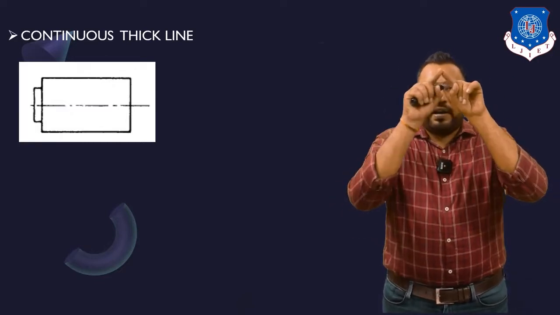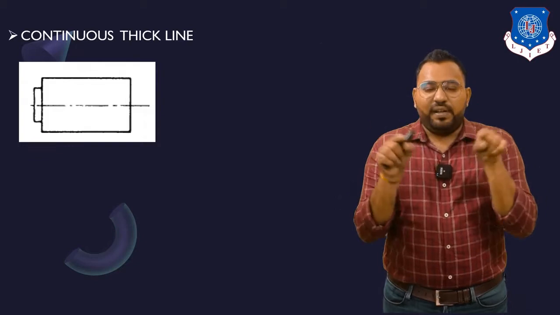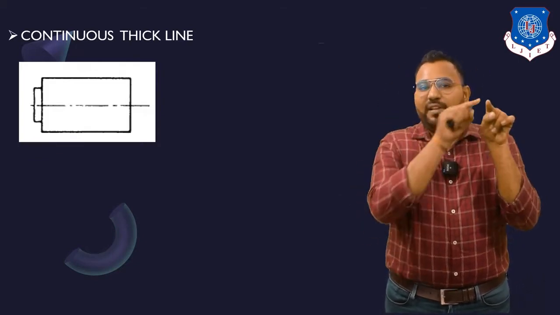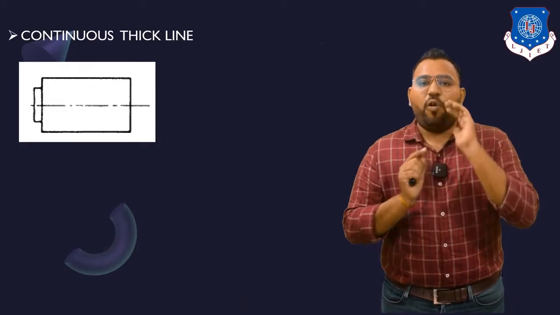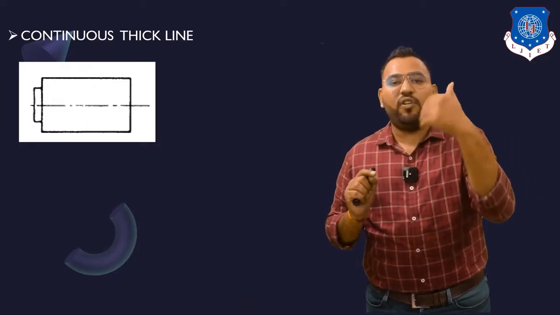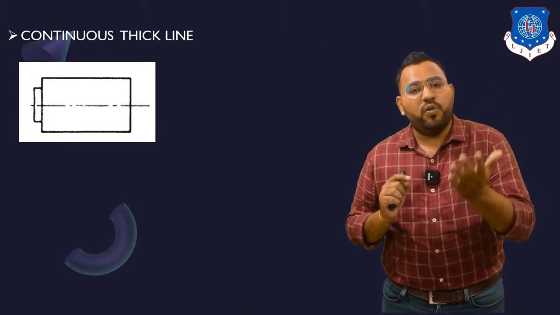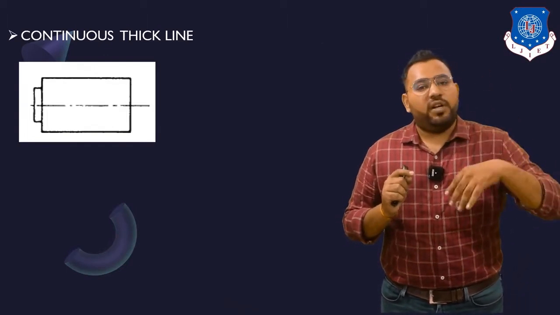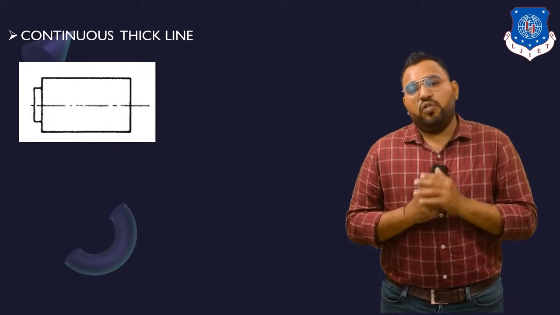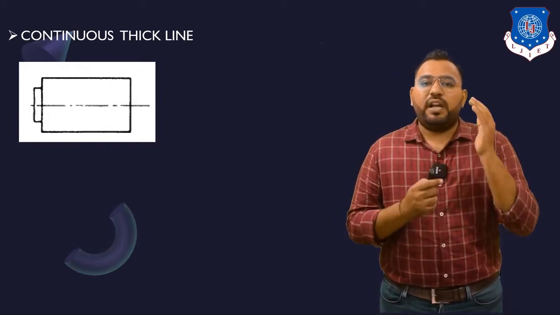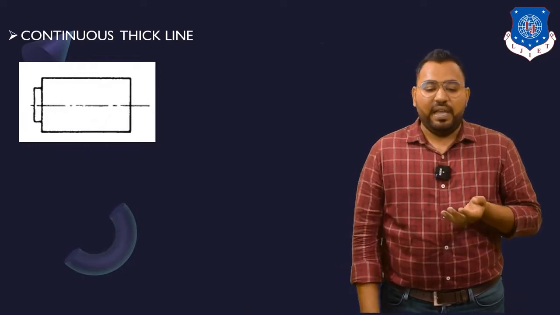So you will draw a rectangle in the drawing sheet with continuous thick line. The border of this rectangle will be continuous thick line, and whatever you can see from the front, that is also visible, so you can also draw it with continuous thick line. So the visible part and the border part of the object is drawn with the continuous thick line, okay.